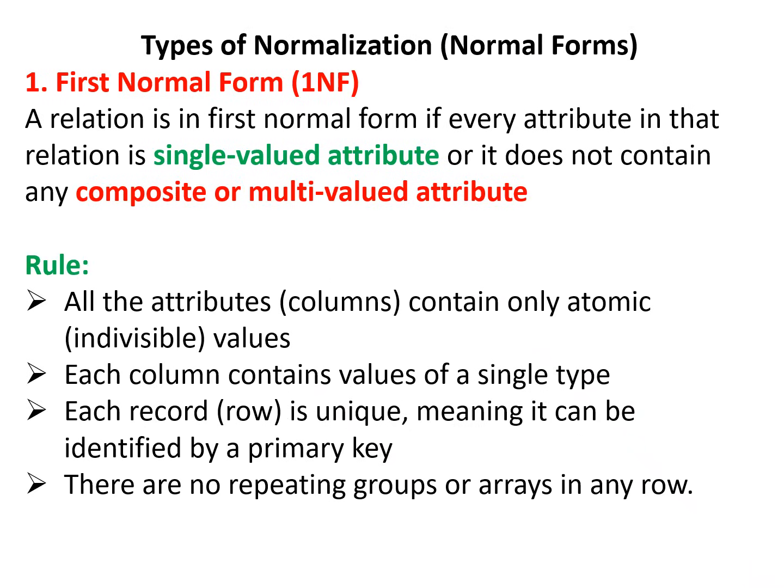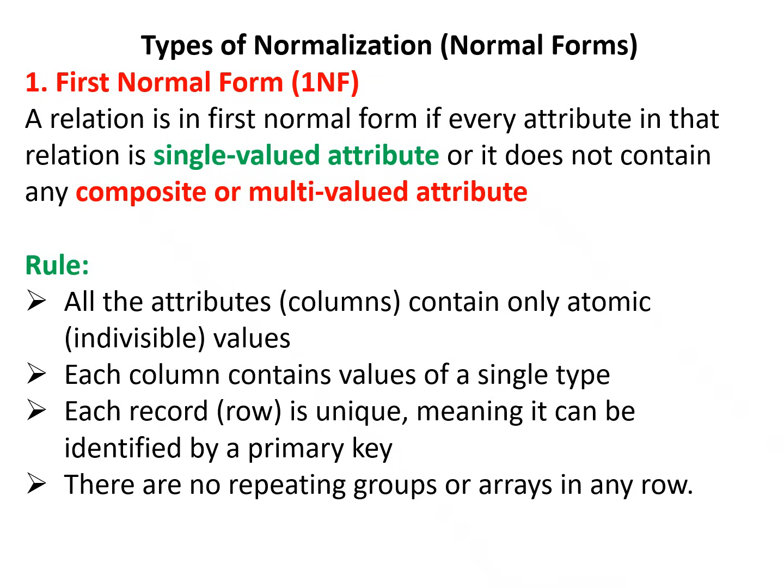First normal form. A relation is in the first normal form if every attribute is single-valued, or we can say it has atomic values, and it does not contain any composite or multi-valued attribute. This is the condition for first normal form. What is the rule for this first normal form?